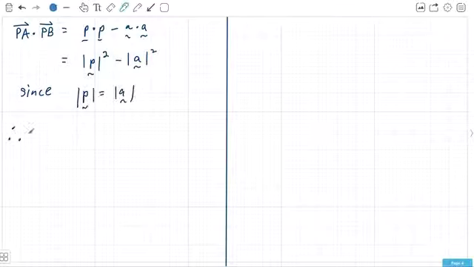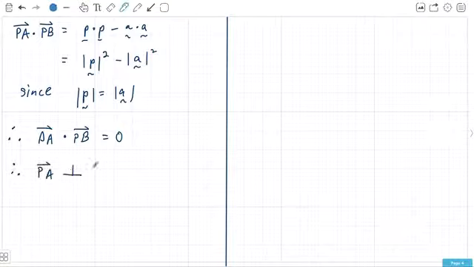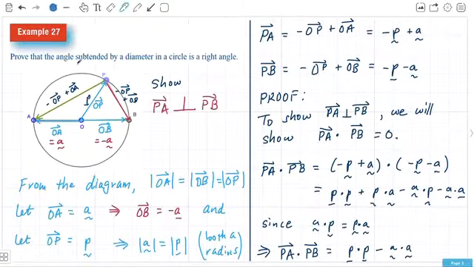So we have, therefore, the dot product of P to A and P to B, those two parts of the subtended angle, is equal to 0. Therefore, P to A is perpendicular to P to B, and hence, go back to what you're trying to show, the angle which is subtended by a diameter in a circle.